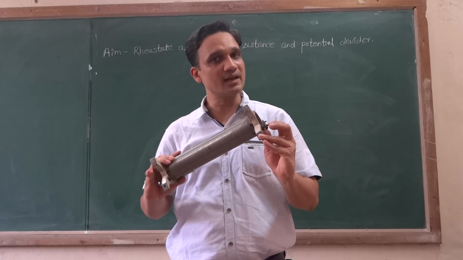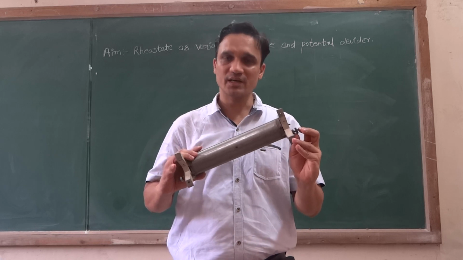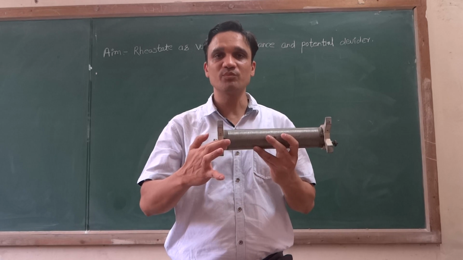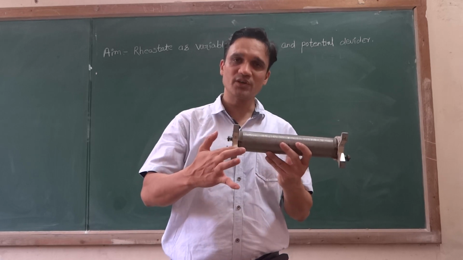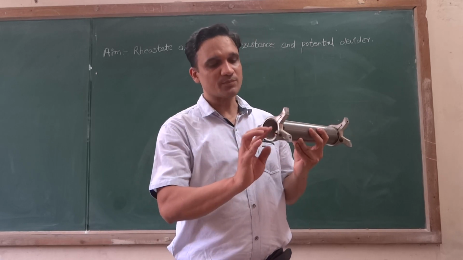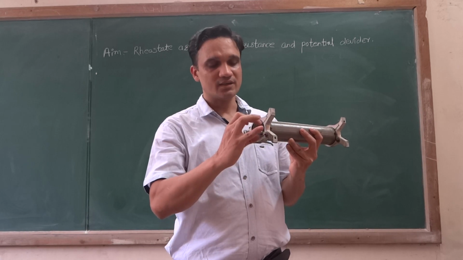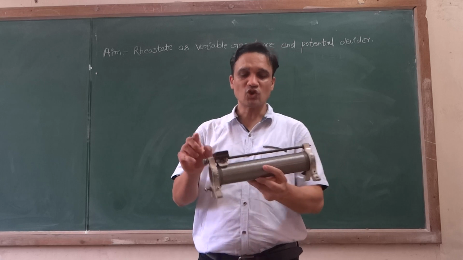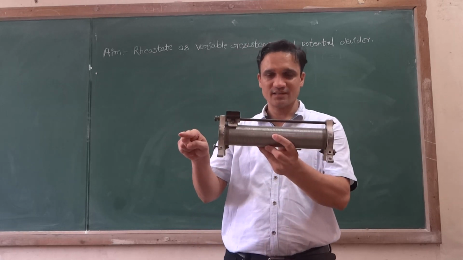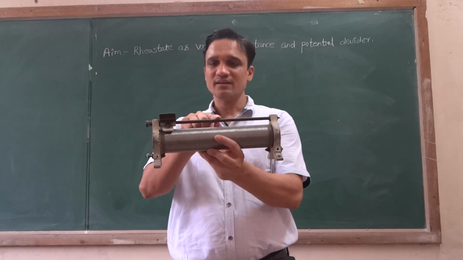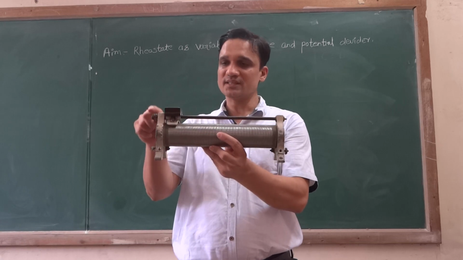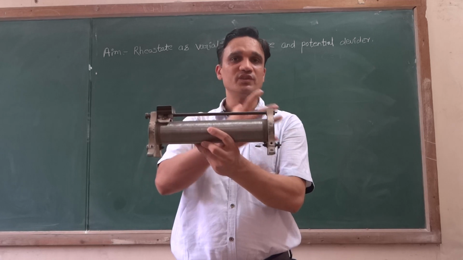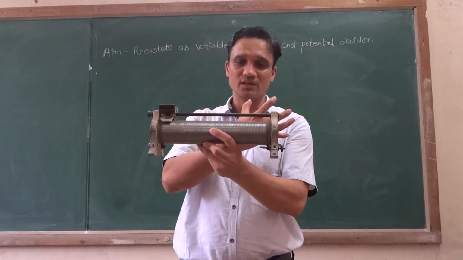We can make the connection from this end as per requirement, and the other end of the wire is connected at this end of the rheostat, where a screw is provided on this side, and the required connection can be made from this end. The copper rod on top of the rheostat, from this end to this end, is not in contact with the other portion of the rheostat.